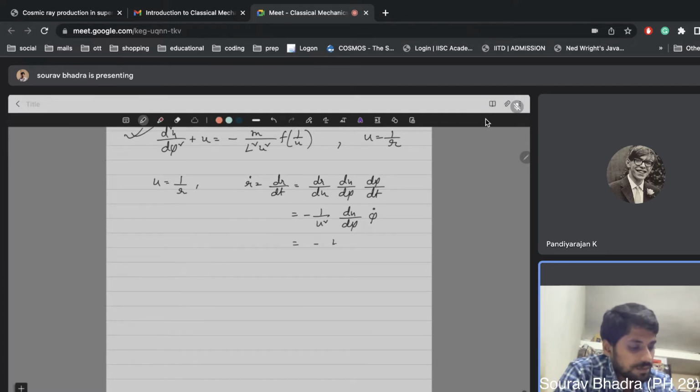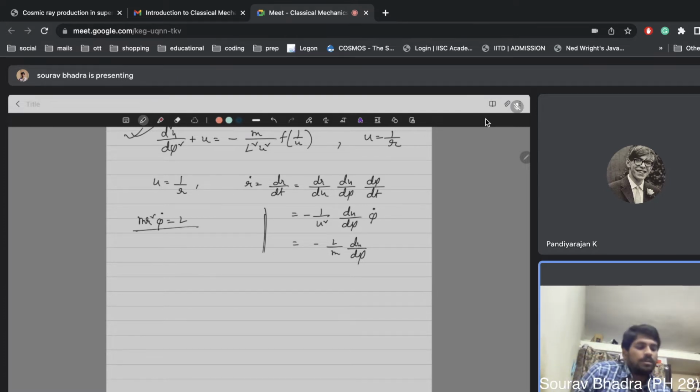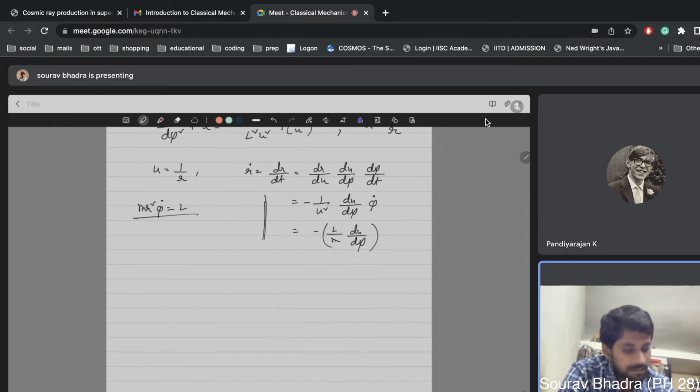So it is actually minus L by m du/dphi, because you already know that m r square phi dot is equal to L. So if you put this equation in this expression, you will get this.